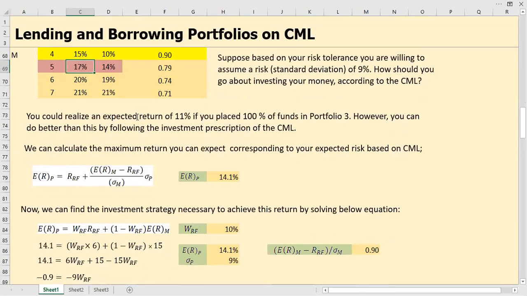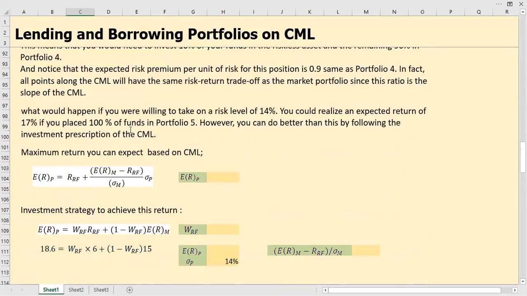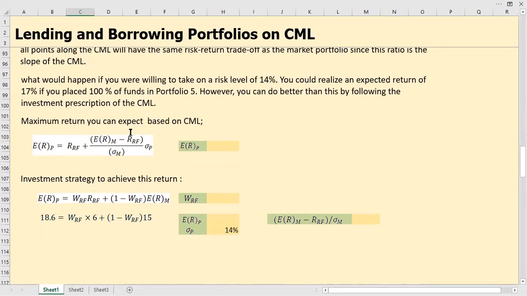But now if you look at this, if you want to go more than 17%, obviously you will have to look for the capital market line. So we will discuss how. Here again, the same way that I did, I am going to calculate the maximum expected return that I can earn from the capital market line if I am going to take a risk level of 14%.